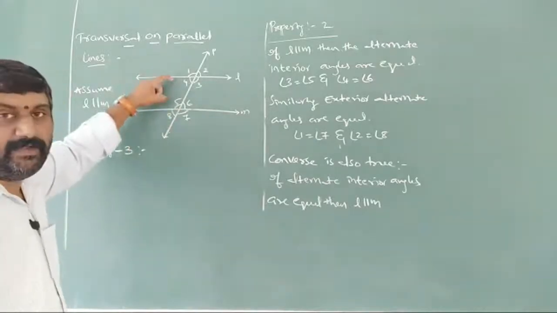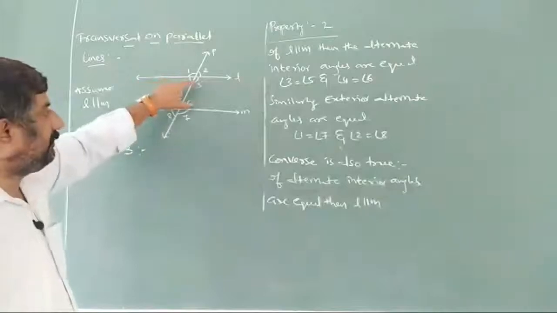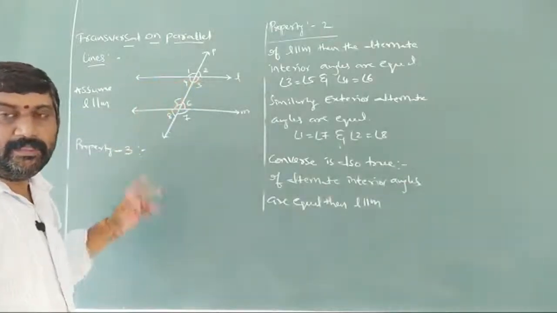So how many pairs are you finding here? One is 4 and 5, second one is 3 and 6. Then what about these?